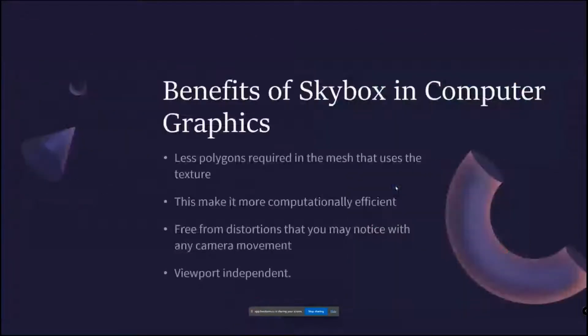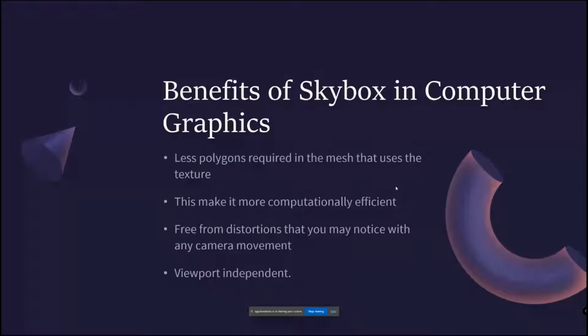And why do we do it that way? Because we're going to be projecting this onto a mesh, we want to use fewer polygons on the texture, which makes it more computationally efficient because we might have lots of other stuff going on in Unity under the hood. If you're exporting your 360 video into Unity, you might have other scenes in between that are quite CPU or GPU intensive.